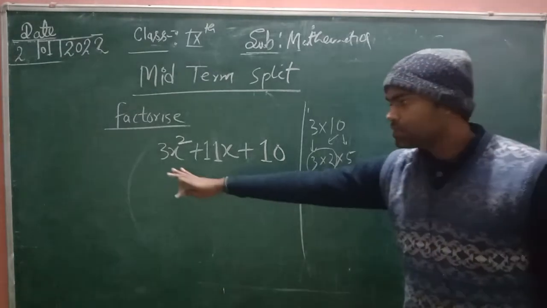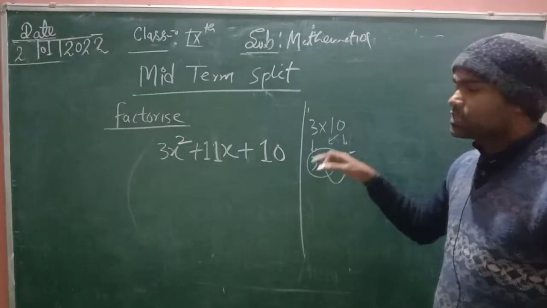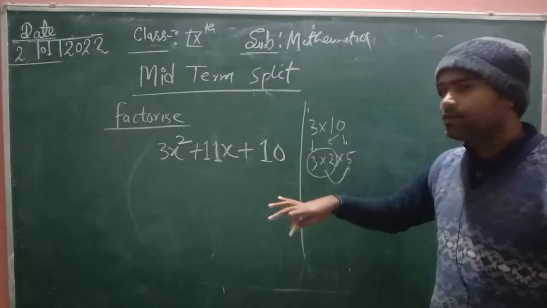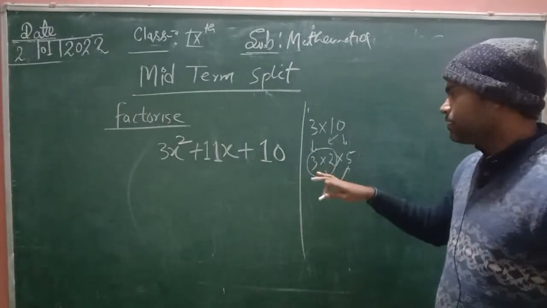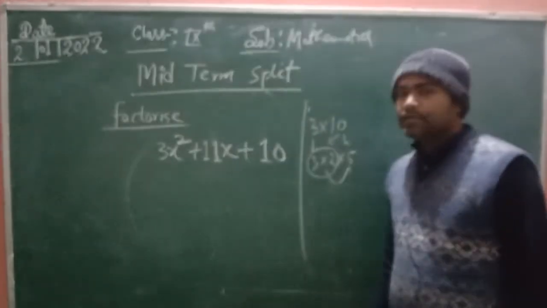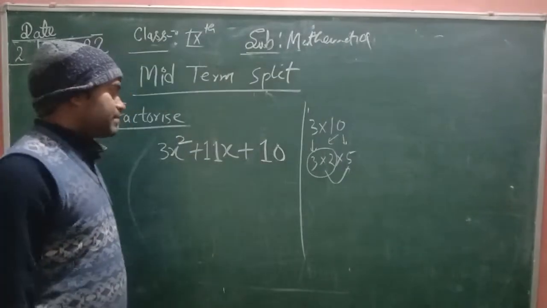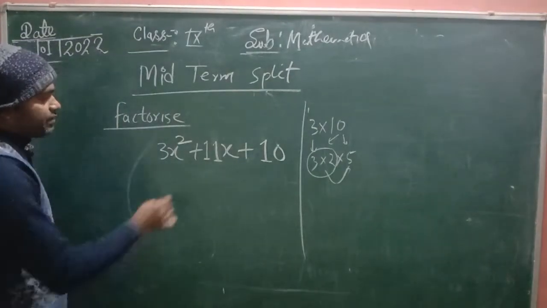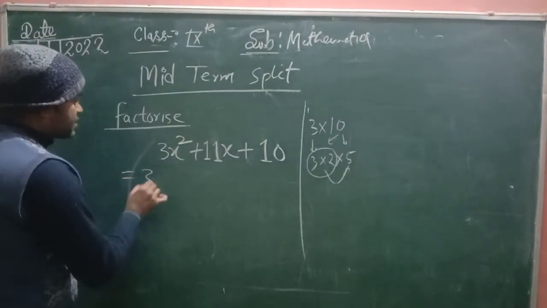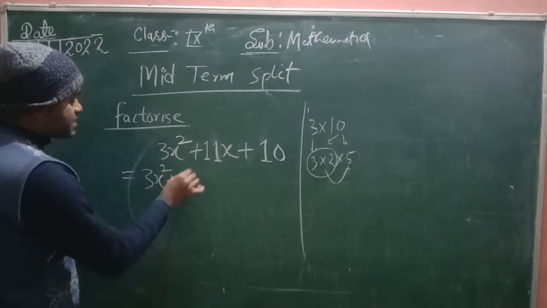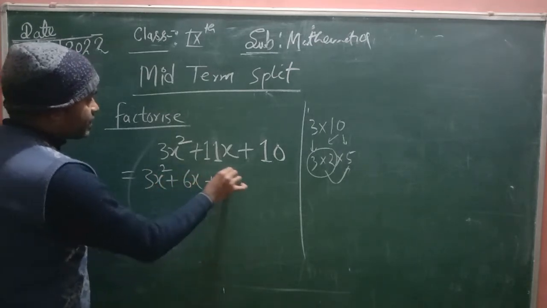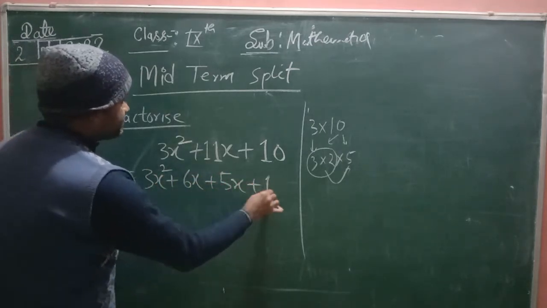So the factors of 30 which give us a sum equal to 11 are 6 and 5. So just write down 6x plus 5x in place of 11x: 3x square plus 6x plus 5x plus 10.